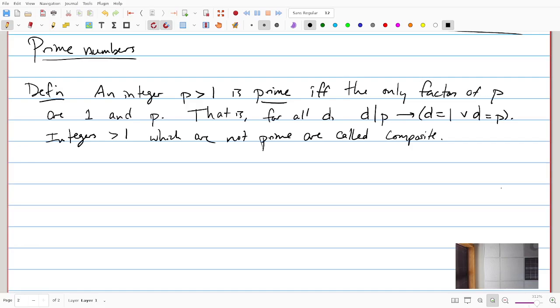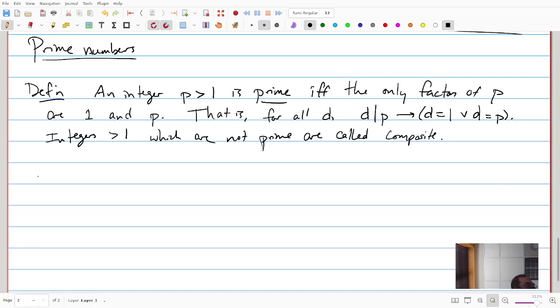So pop quiz, is 1 prime? No. The definition says p greater than 1 is prime. Is 1 composite then? By the definition I wrote, no, it says integers greater than 1.